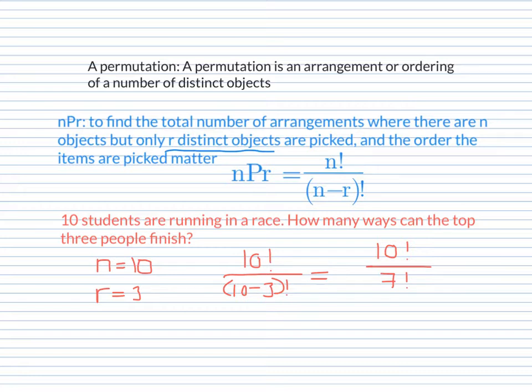The easiest way to reduce this is to take 10 factorial down to 7: 10 times 9 times 8. Then, at 7, both of these will cancel all the way out. So we end up with just 10 times 9 times 8, which is 720. So there's 720 different ways.